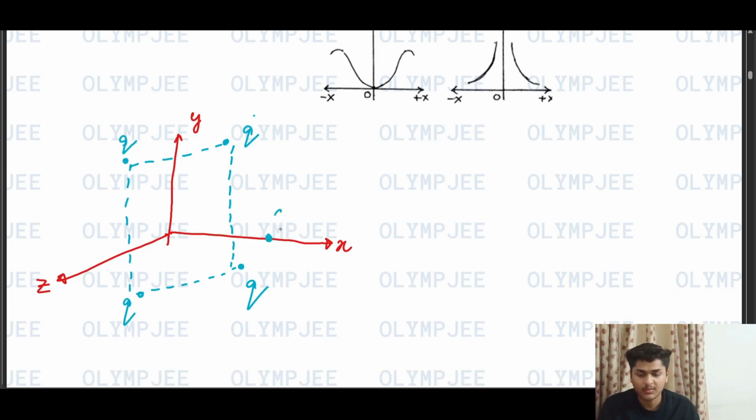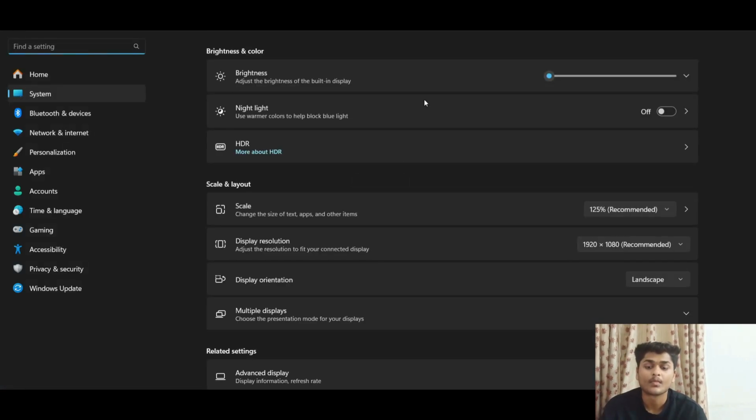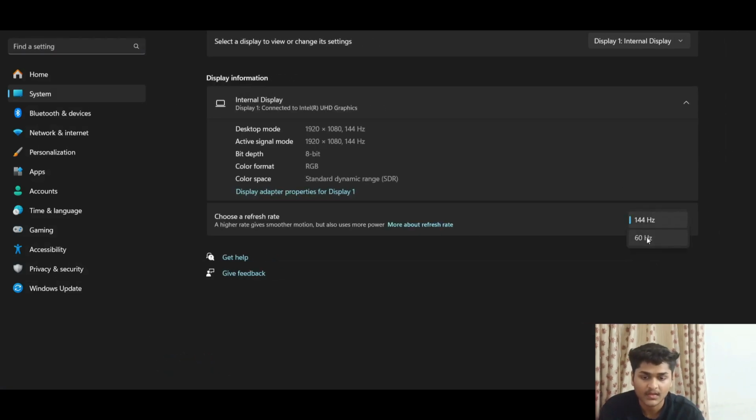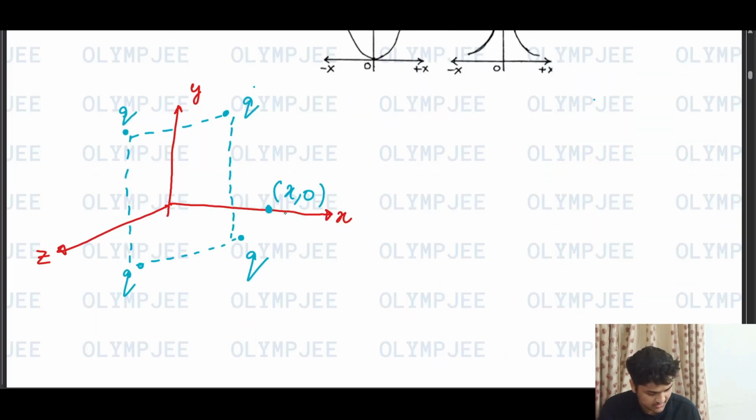So take any random point x comma 0. So potential at this x comma 0 can be given by kq by r due to any one charge.